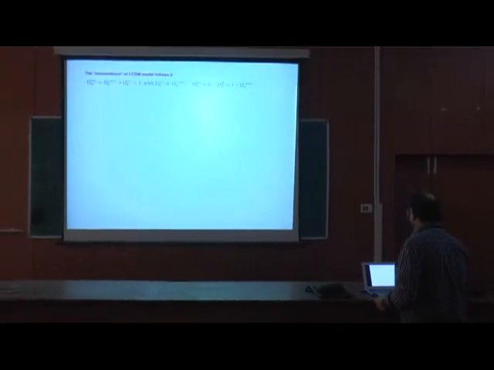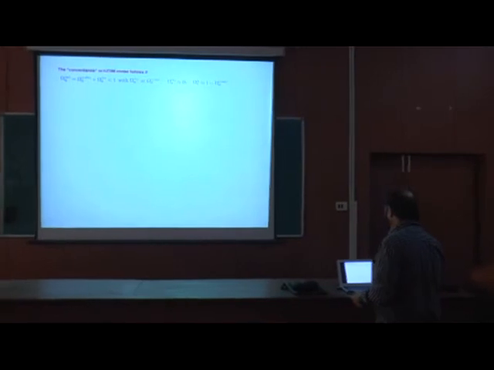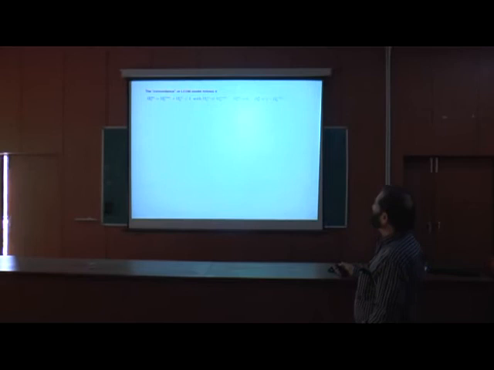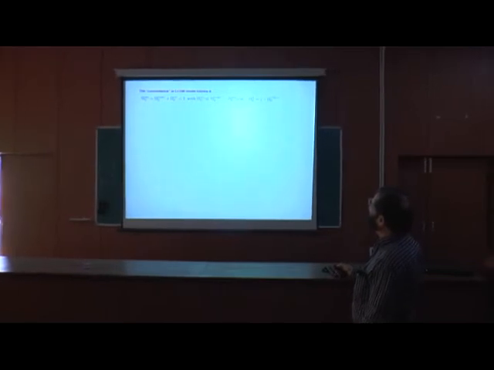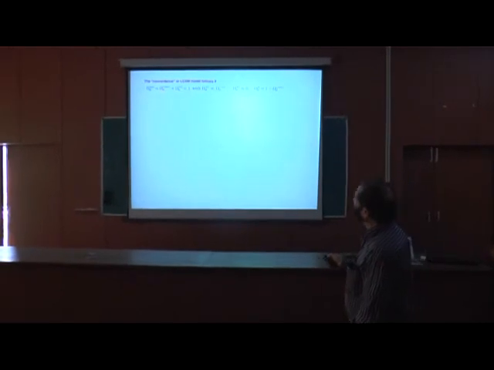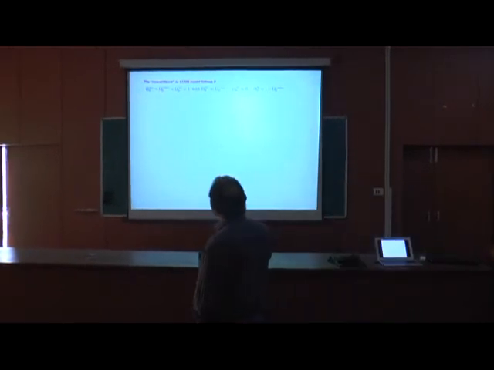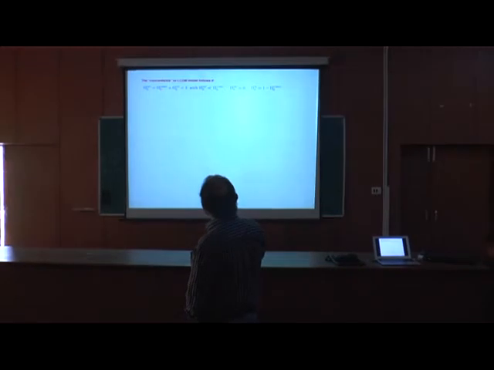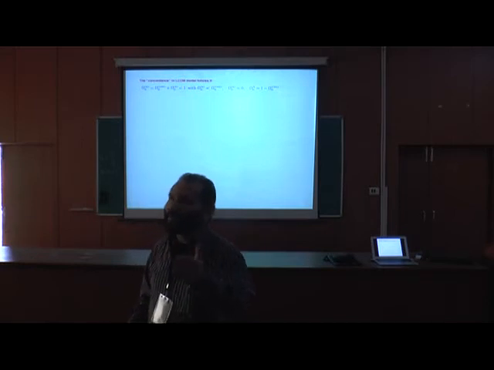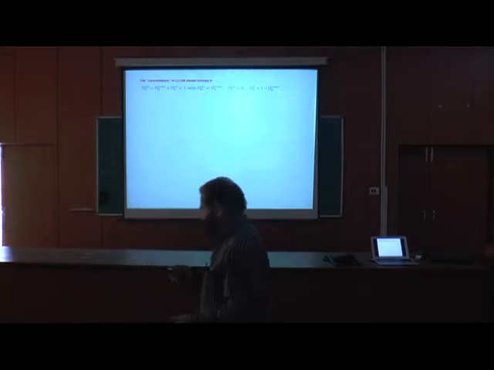Now, the concordance or Lambda CDM model is what happens, for example, if the omega of matter is the sum of the omega of cold dark matter and baryonic matter, and it is smaller than 1, but baryonic matter is much less than cold dark matter, by a factor of 1 to 20, or 1 to 10 at least.